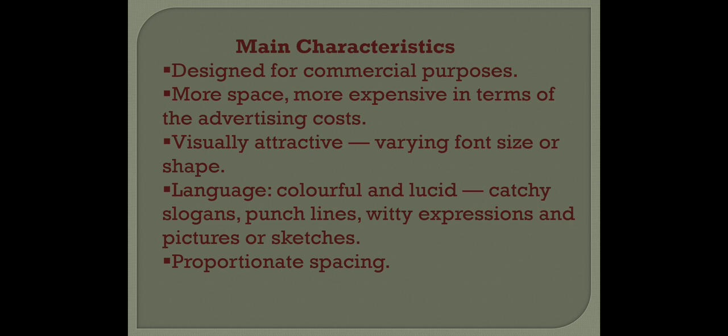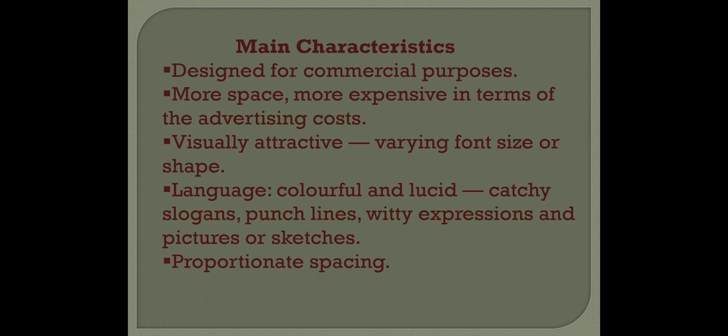And last, we need to see that there should be proportionate spacing between the matter which is being presented. It should not be congested, just like a classified advertisement. Things should be given proper spacing, just like we did in the poster. Things should be spaced proportionately, so that they become visible even from a distance, and they don't create that much verbose expression.